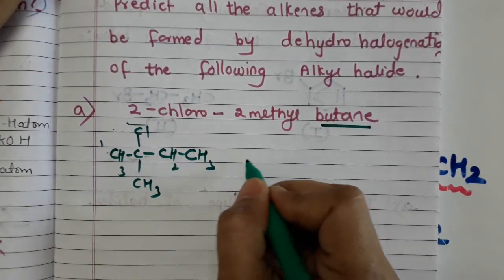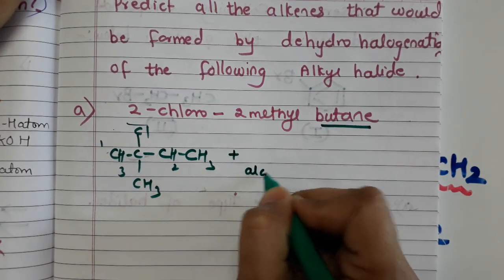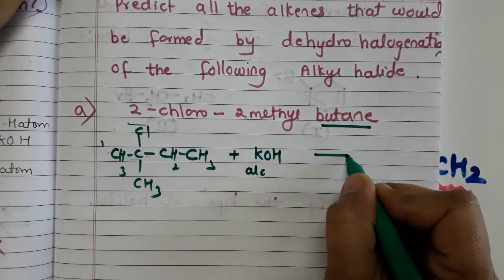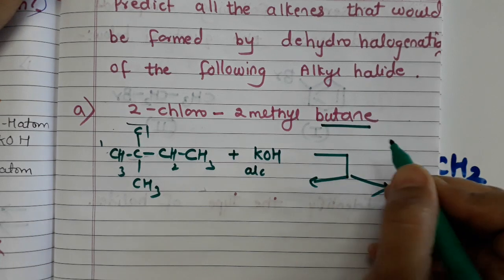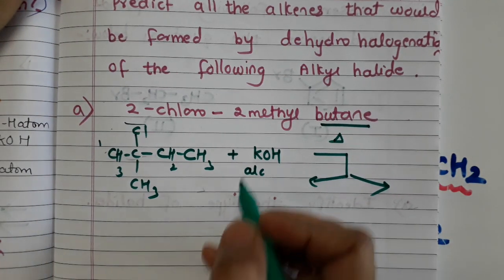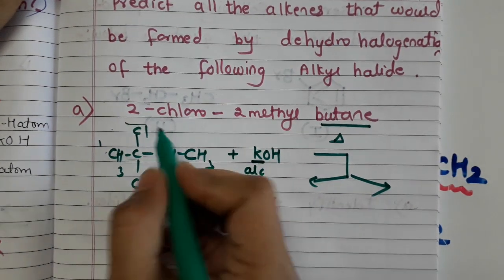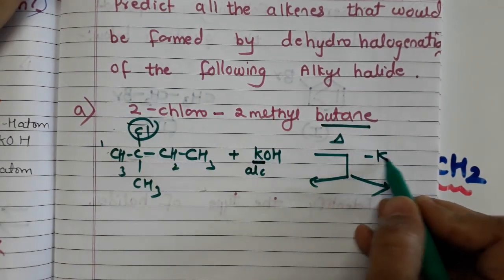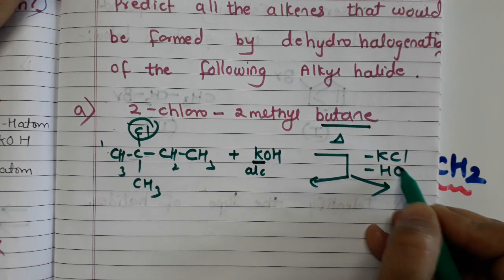Now we have to add alcoholic KOH, and let us see which two products we are getting. By this time you might know that there will be elimination of K and Cl. So I will write minus KCl, minus HOH.